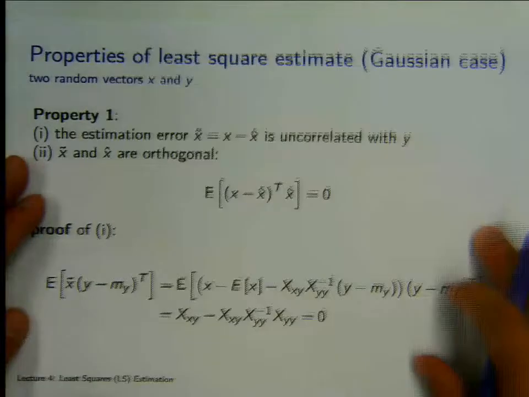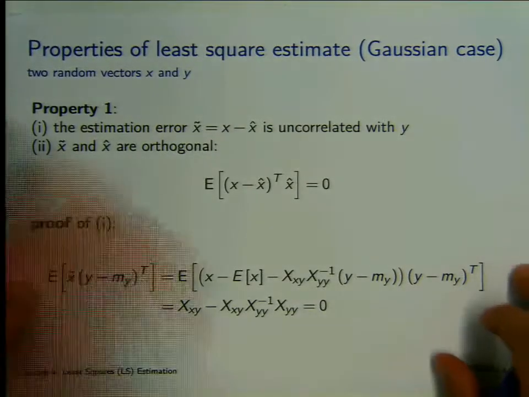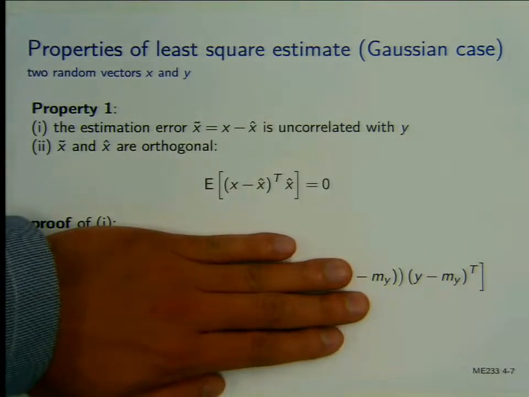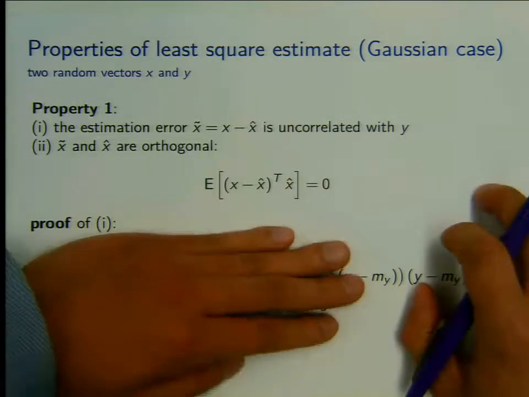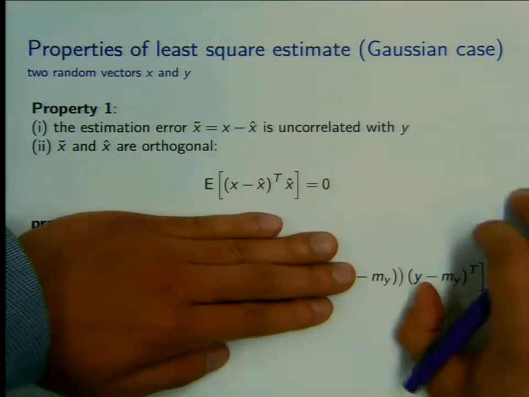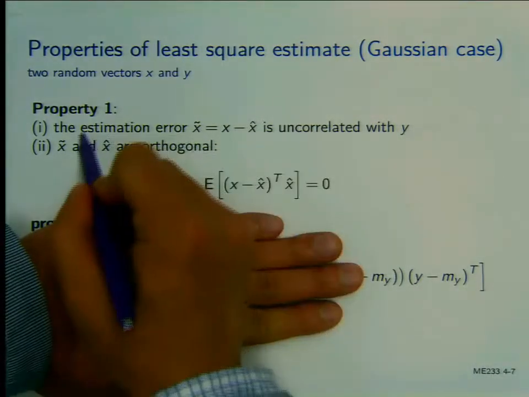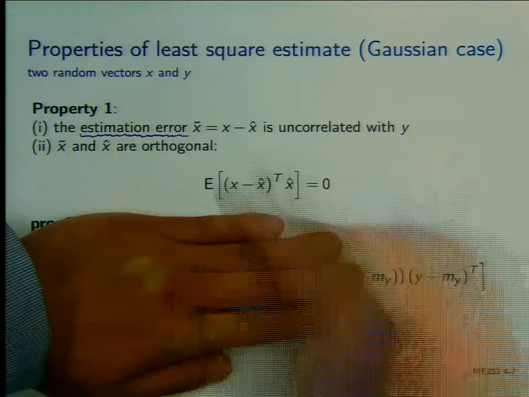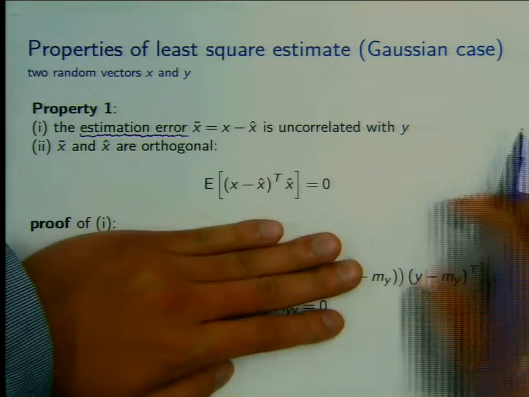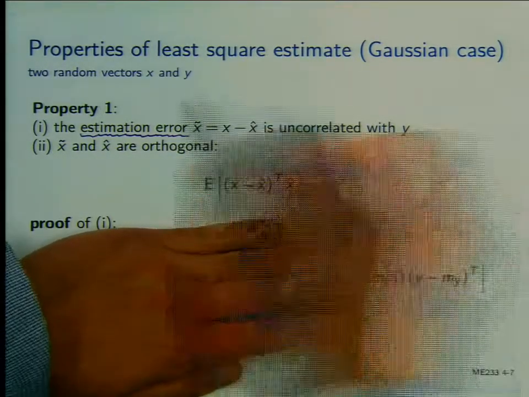Now, if you get that, there are several additional properties, but these will all be very intuitive if you got the main message in the last slide. First of all, we will be considering what kind of properties the estimation error has if we analyze these squares.